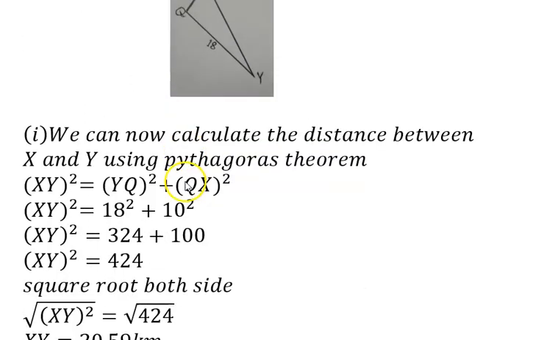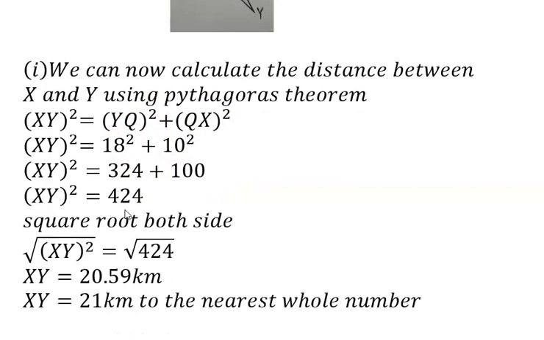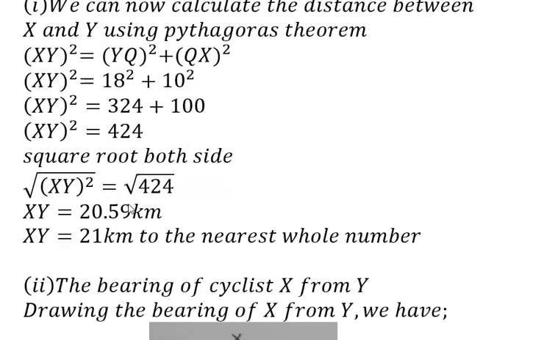So the longest side squared equals the square of the first side plus the square of the second side. The first side is 18 squared, 10 squared. 18 squared is 324. 10 squared is 100. If you add the two, 424. If you take the square root of both sides, the square and the square root cancel, so you'll be left with XY.